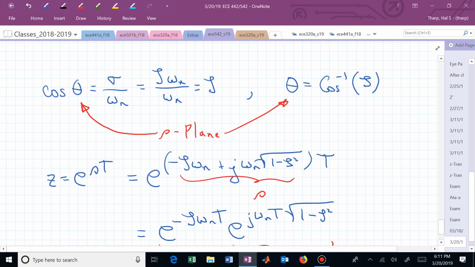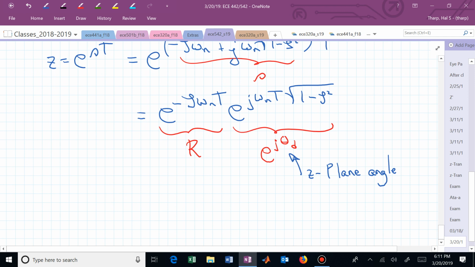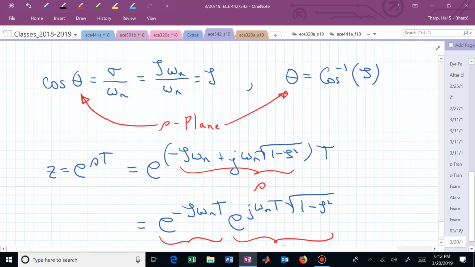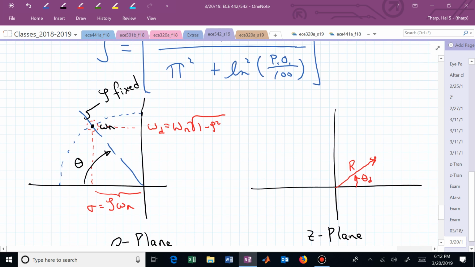And so now what we want to do is fix zeta in these two pieces that describe z and vary omega sub n. T is going to stay fixed. That's our sample period. In the s-plane, that really says that if we're keeping zeta, our damping ratio, fixed, we're walking along this angle, and maybe this point has a natural frequency of omega sub n sub 1.